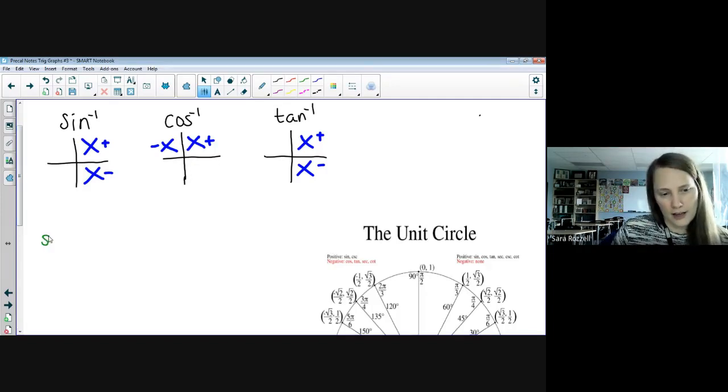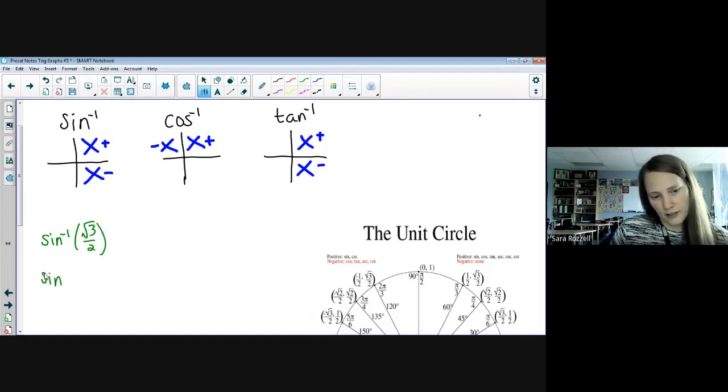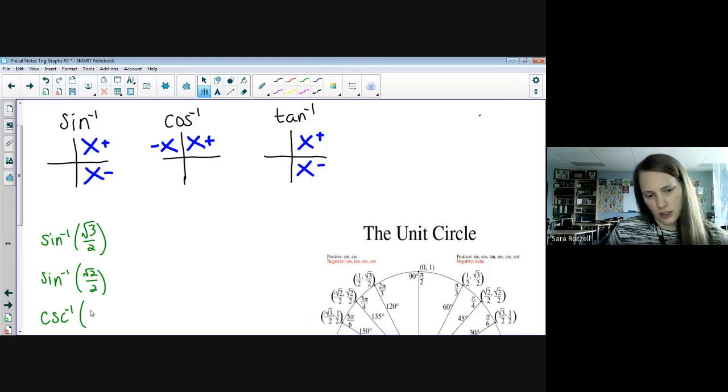So we're going to find the inverse sine of root 3 over 2. We're going to find the inverse sine, or arc sine, you could hear it called arc sine as well, of root 2 over 2. And we're going to find the arc cosecant of -2. Oh, the second one needs to be negative.